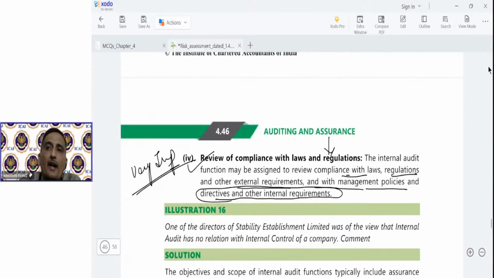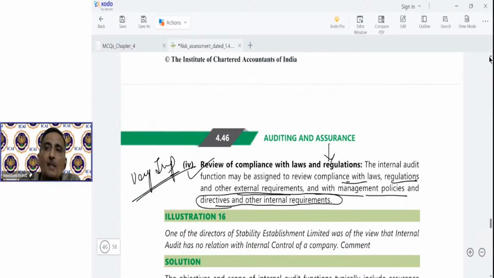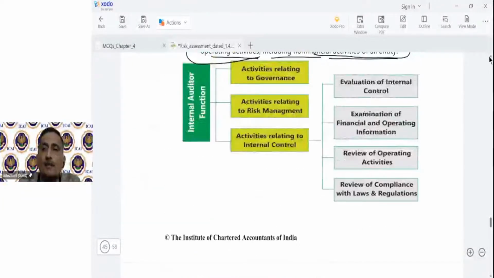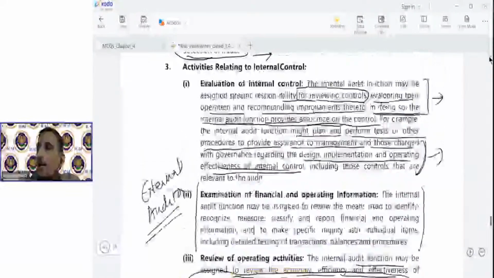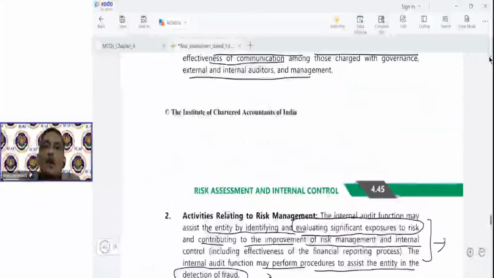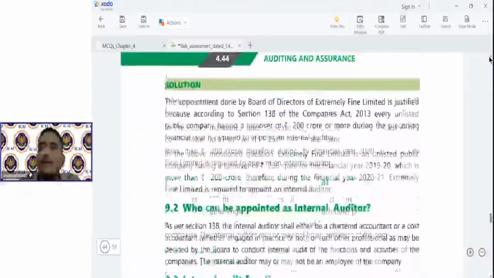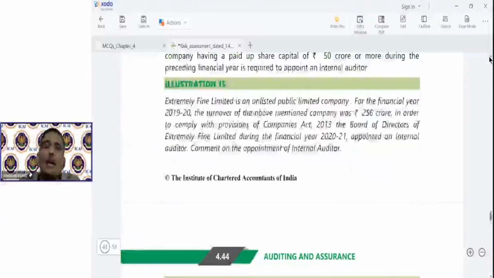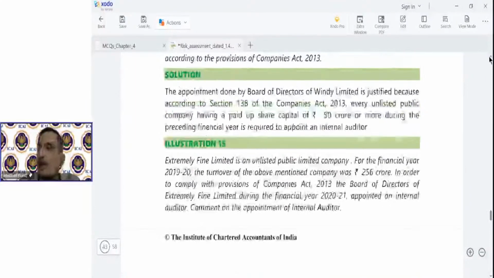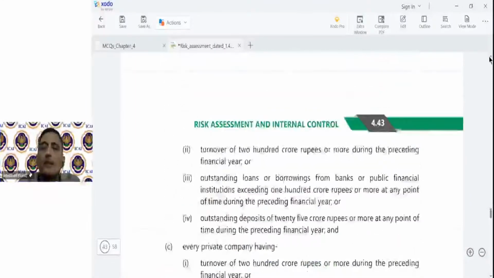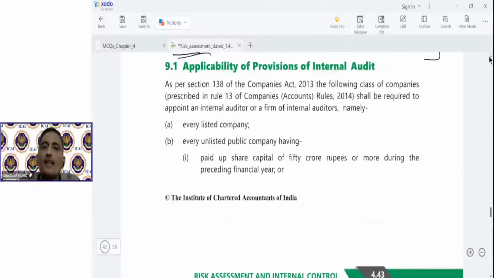So now we shall be coming to the law provisions of internal audit. Law provisions relating to internal audit are contained in section 138 of the Companies Act 2013.